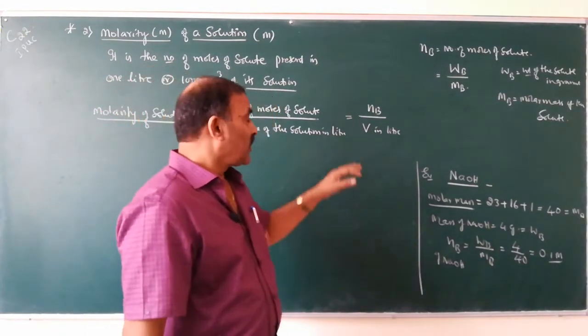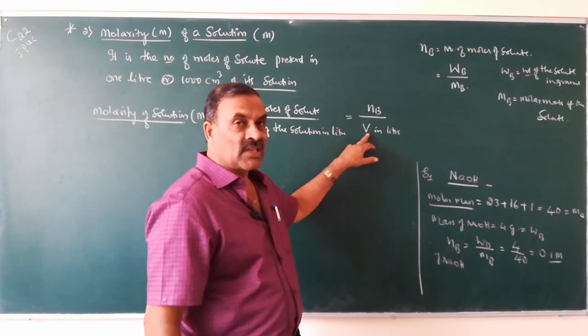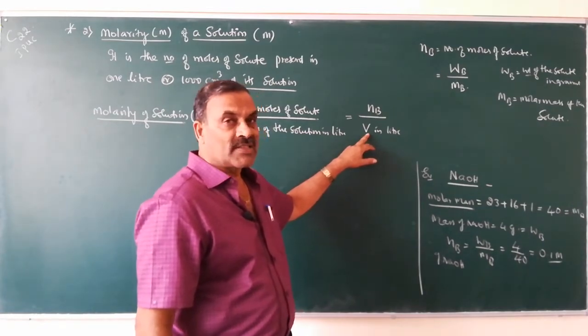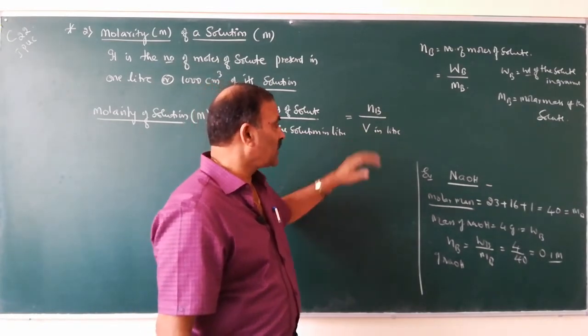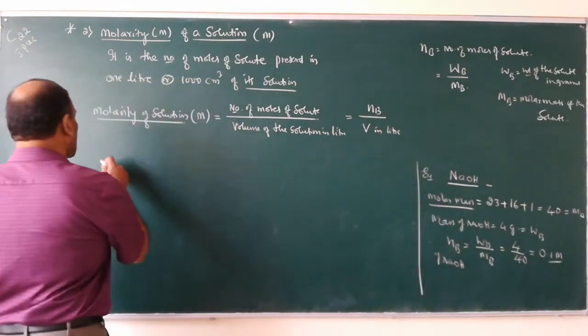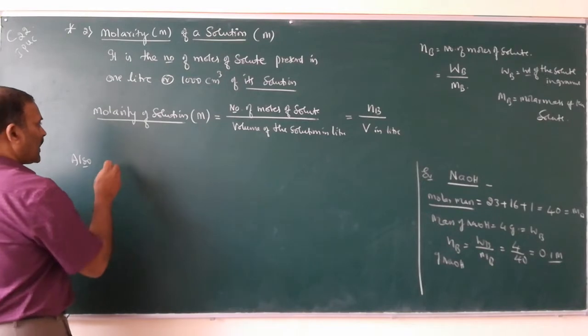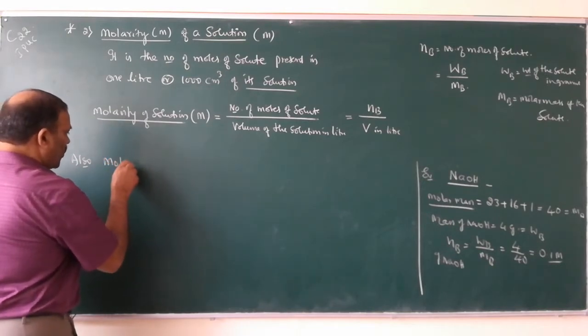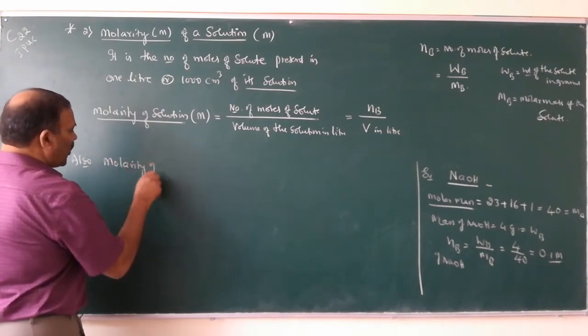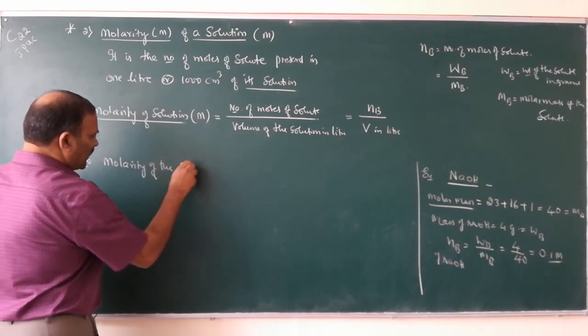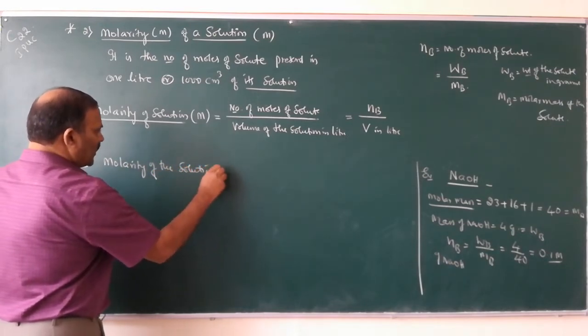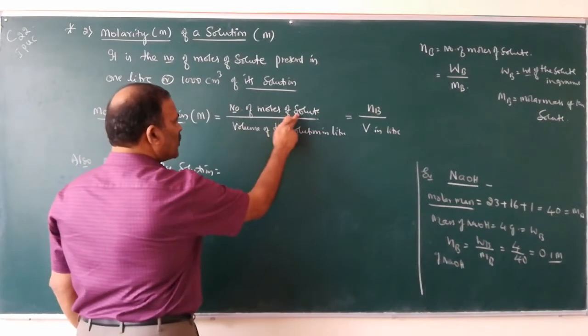In that case, we have to convert this liter into ml or centimeter cube by dividing it by 1000. So also you can calculate the molarity of the solution equals number of moles of solute.